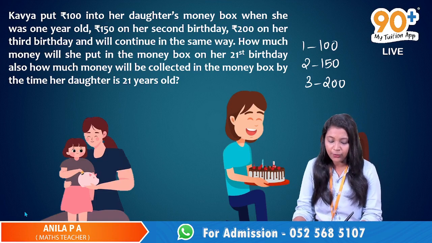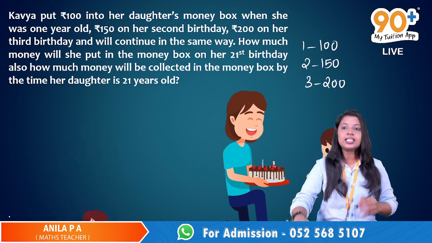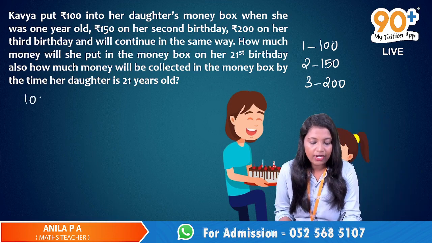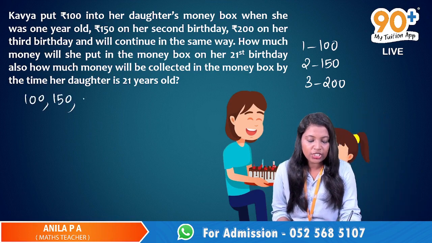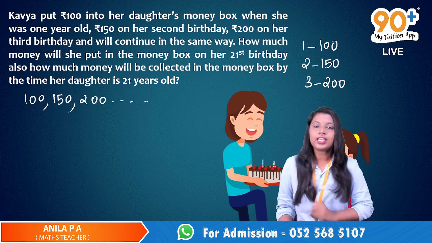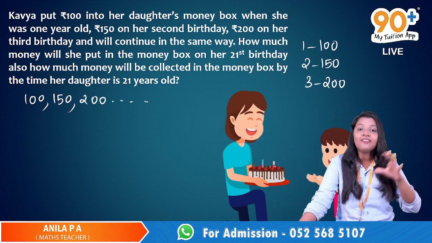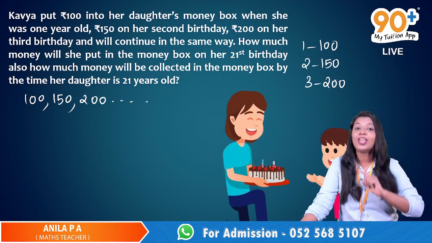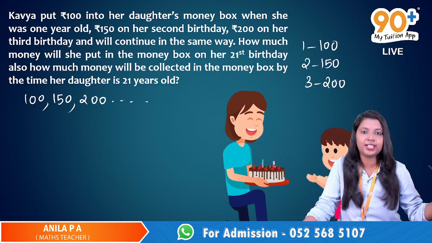First question here is, is the given sequence an AP? We have 100, 150, 200, etc. When can we say that a given sequence is an AP? Yes, when it has a common difference, right?